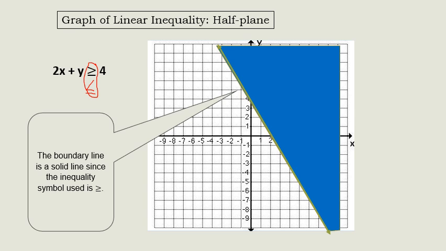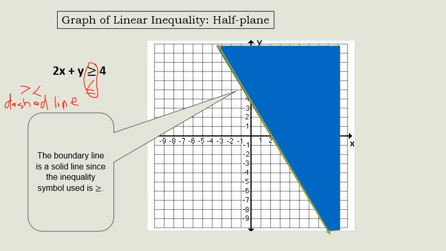But if the symbol is only greater than or less than, we need to use the dashed line, or the broken line. The dashed line and the broken line are the same. Okay, so now you know how to use the dashed line and the solid line.